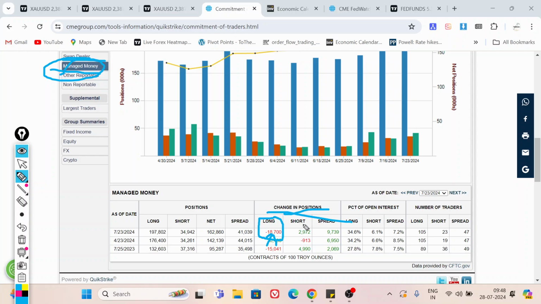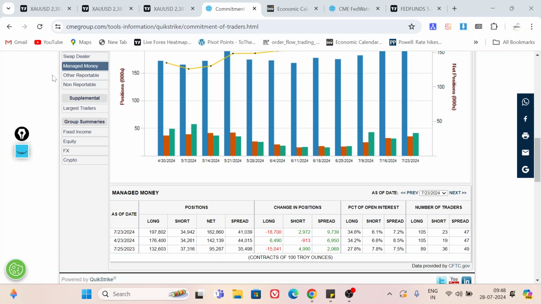Also they are adding positions into the short, and this time they added 2972 contracts into their short positions. So this is a big number, or you can say this is good long covering, and we have already seen the impact on the price action chart.